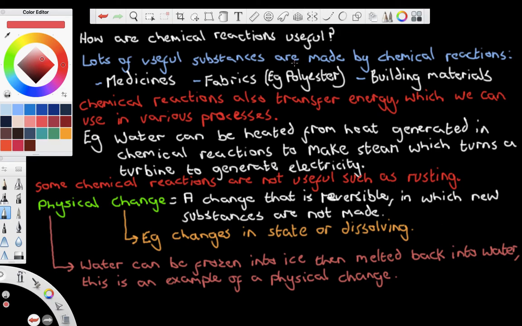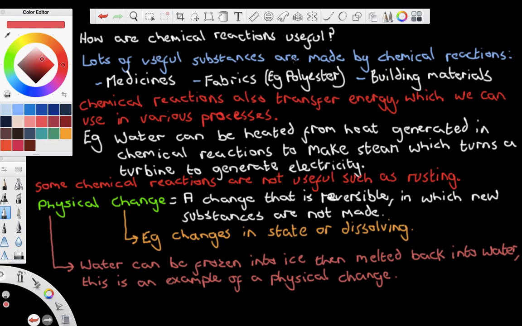So chemical reactions are useful because they can make substances such as medicines, fabrics, and building materials. Chemical reactions transfer energy, which we can use in various processes. For example, water can be heated from heat generated in chemical reactions to make steam, which turns a turbine to generate electricity. Some chemical reactions are not useful, however.